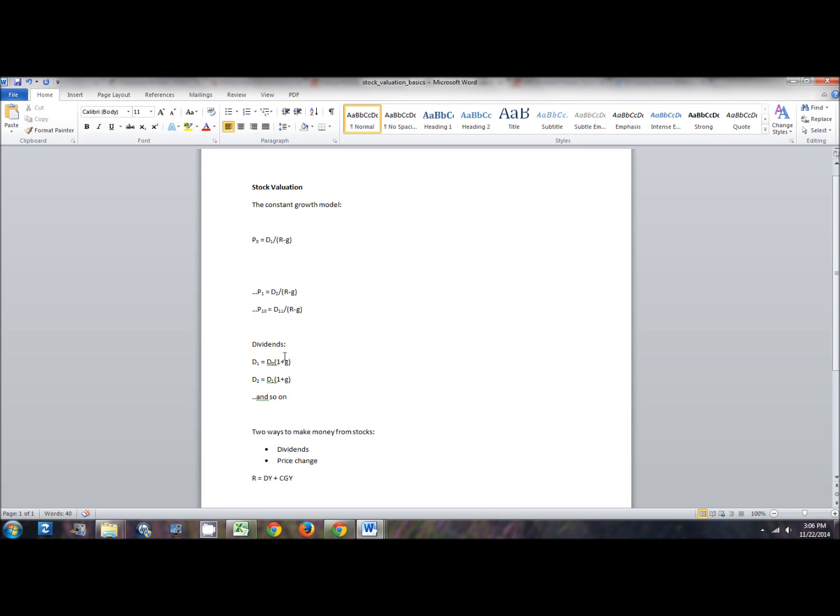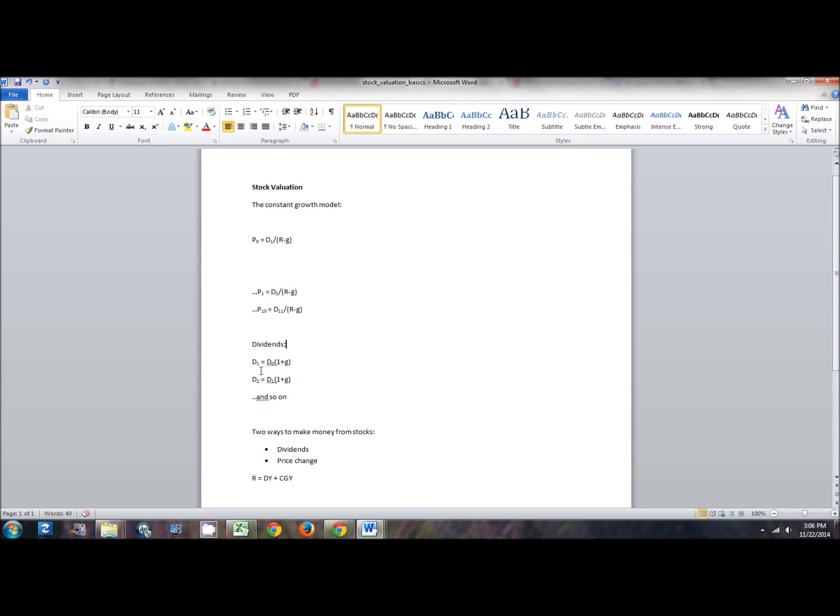The growth rate might be changing from one year to the next, which you'll see more of in Finance 680 than you'll see in this class. Even if the growth rate is not constant, it does not matter, as long as you know what each growth rate is for each period, then you're fine. You can use this relationship.